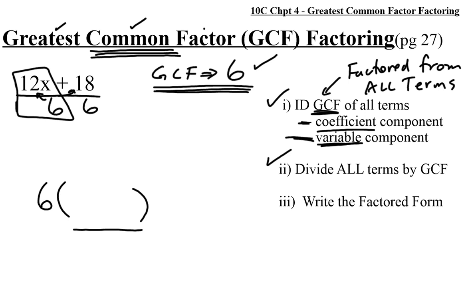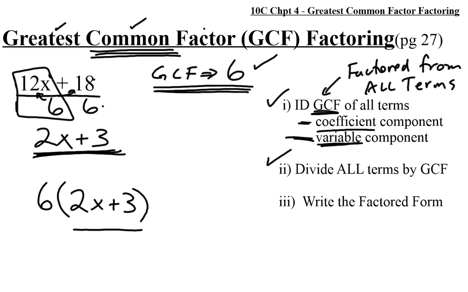12x divided by 6. 12 divided by 6 is 2. x to the 1 divided by nothing is still an x to the 1. 18 divided by 6 is a positive 3. So there's my division, and there's the second factor. Make sure that you do finish by writing the factored form.